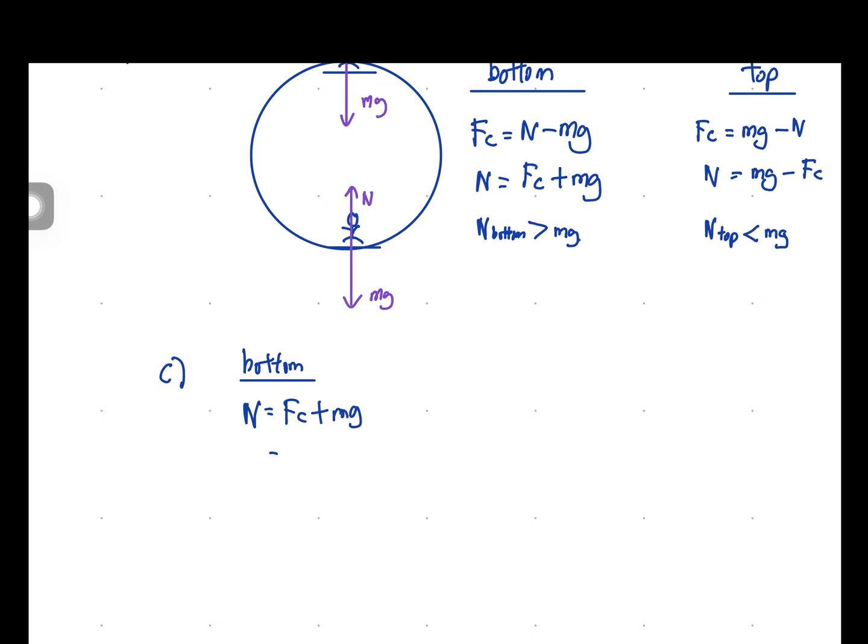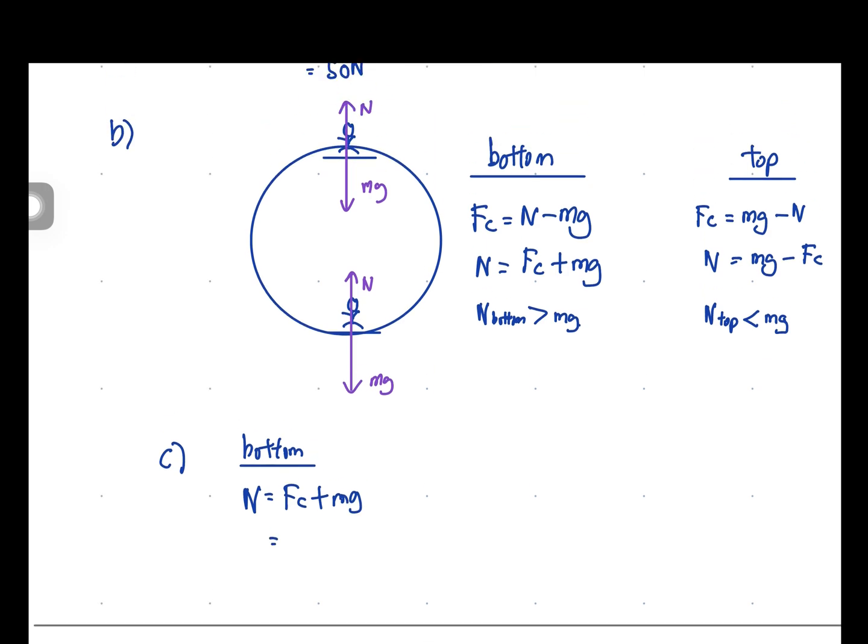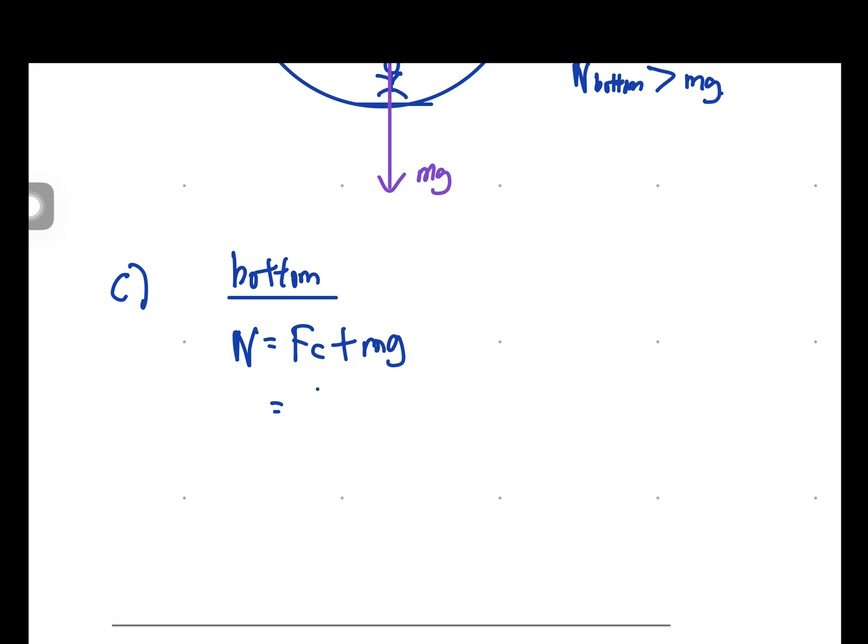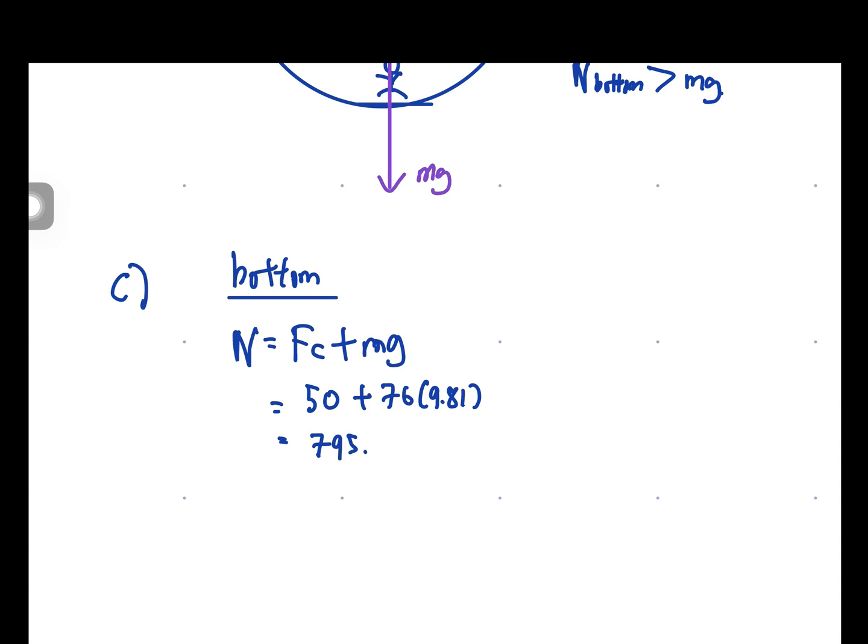Substitute in the value of centripetal force, 50 Newtons from part A, plus mass 76 kilograms times gravity 9.81. From here, I get my normal force, 795.56 Newtons.